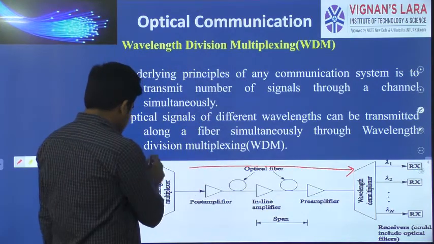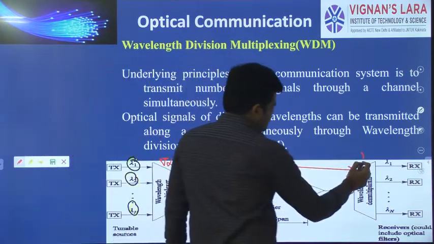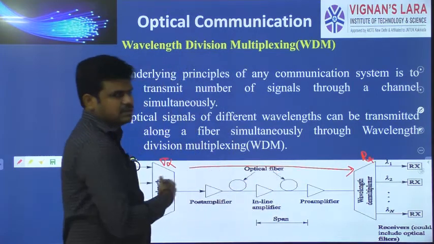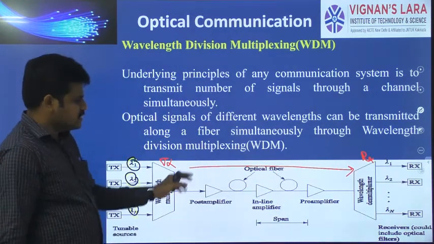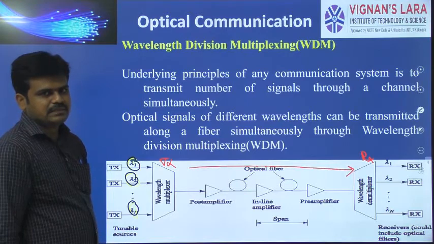This is the transmitter and this is the receiver. This is called unidirectional wavelength division multiplexing.